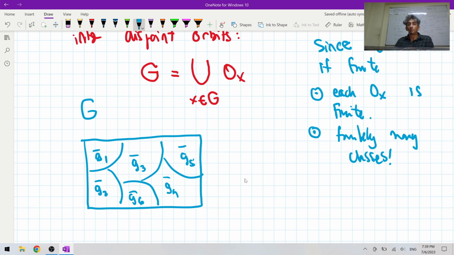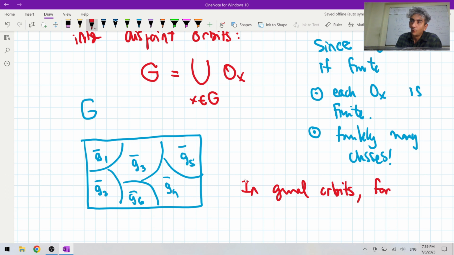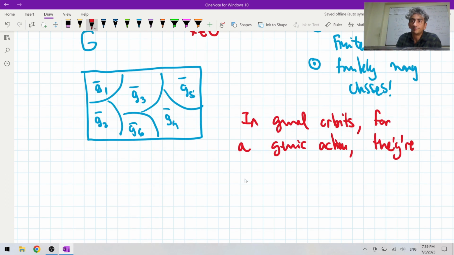But with one very interesting observation. In general, orbits for a general action, for a generic action, are different. And specifically, they have different sizes.